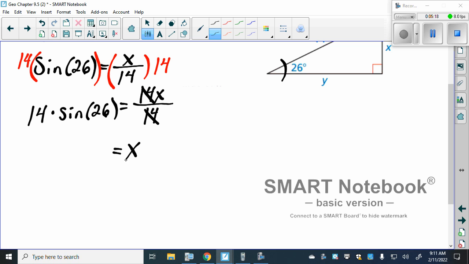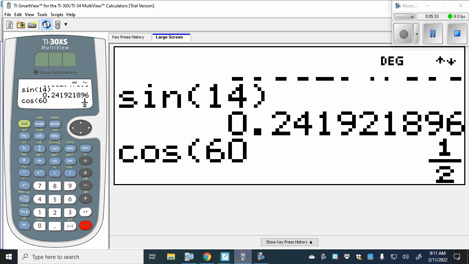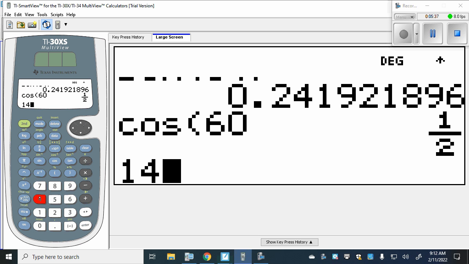But what we do need to find the value of is 14 sine of 26. Well, we know sine of 26 is just a number. We just need to find out what it is. And what we can do at this point here is get the calculator and do 14 sine of 26.